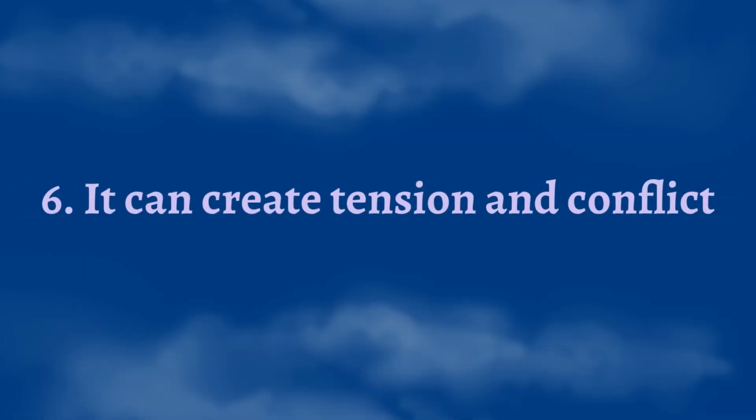Number 6, it can create tension and conflict. For example, if your story takes place in a turbulent or dangerous environment, this can create a sense of danger and uncertainty for the readers. Let's say your character is going into a nuclear plant. They're going to know, okay, wait a minute, what's going on here? Why are they talking about this?